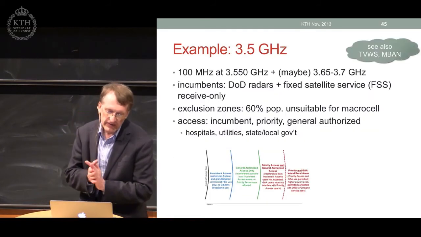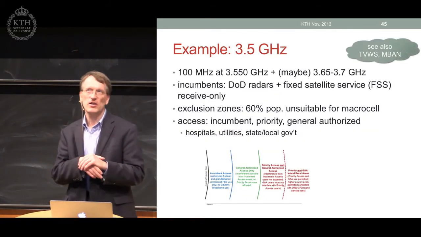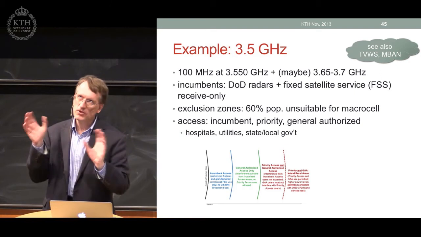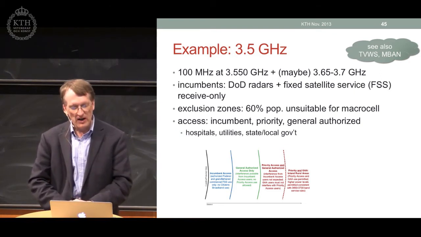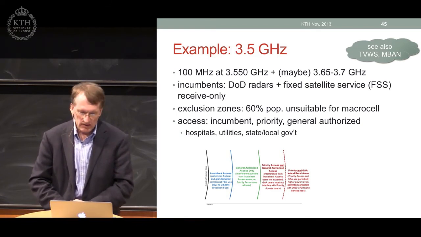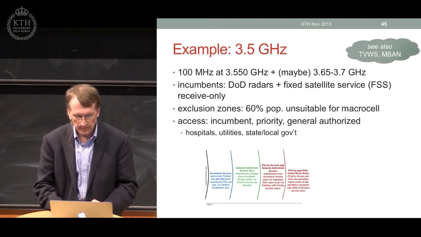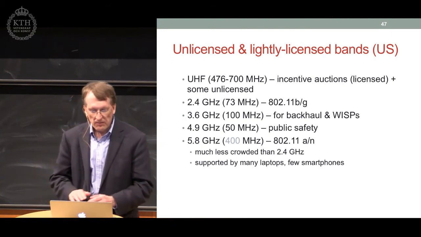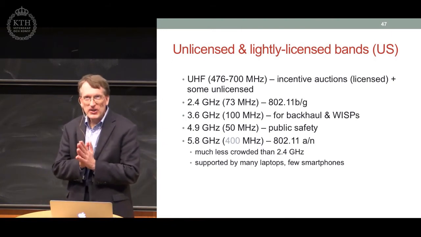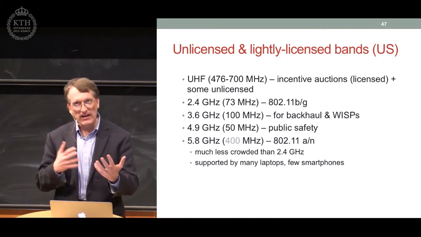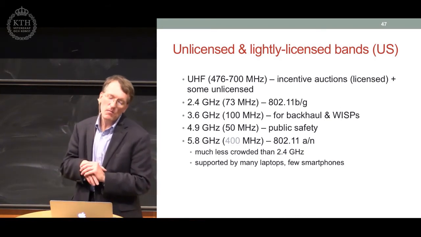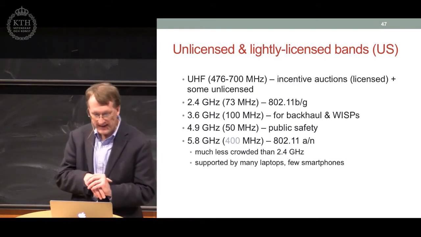We're also going to be doing the same thing in the 3.5 gigahertz band, somewhere between the two existing wireless bands, where there's also incumbent users, primarily satellite users and radars. So we're going to be ending up with a bunch of bands beyond the ones that we already have today. When you do wireless research, you really should be looking at more than just the traditional Wi-Fi type bands.